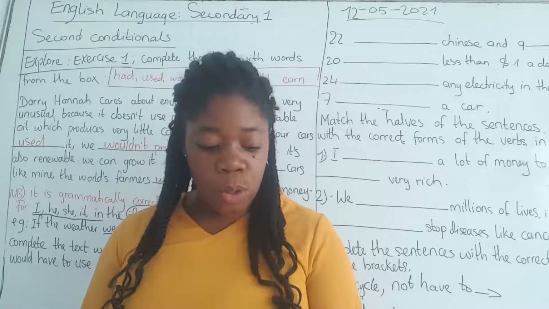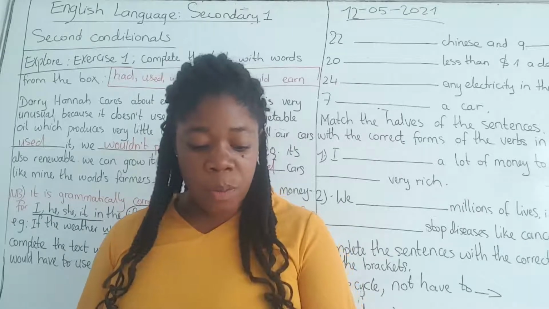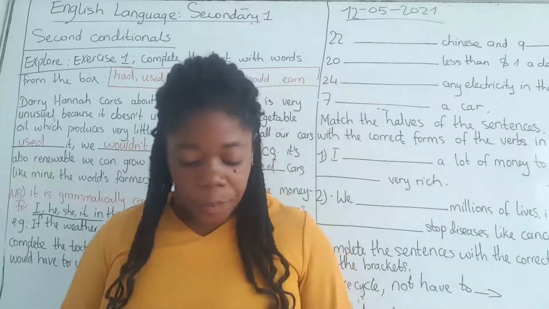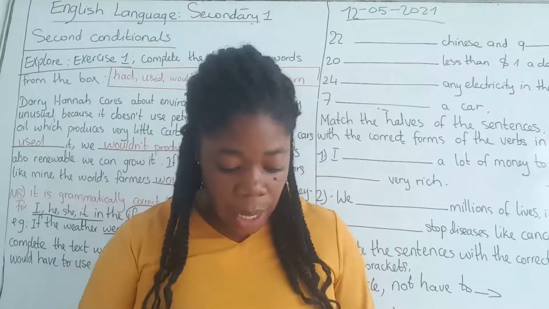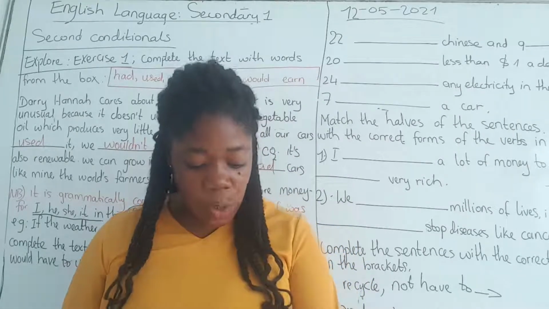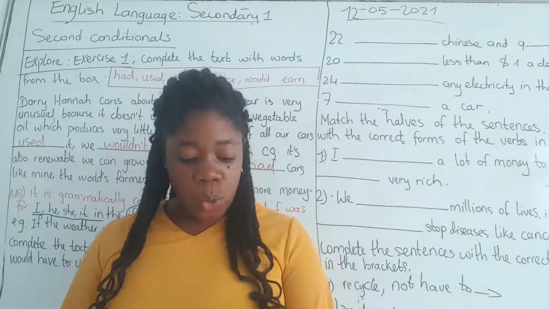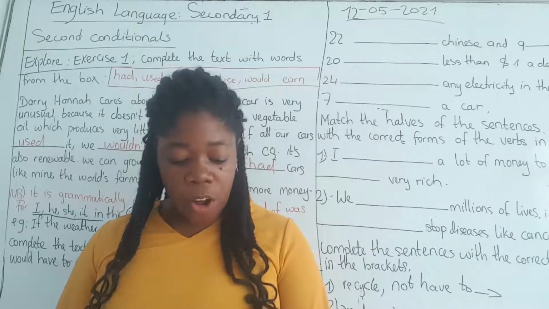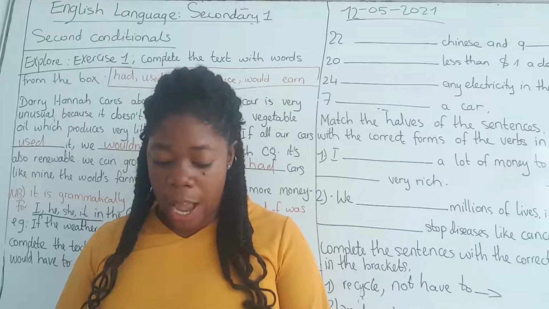You will have to use some of the verbs more than once. Let's look at the words in the box first. We have be, consume, earn, own, speak, not be, would have.